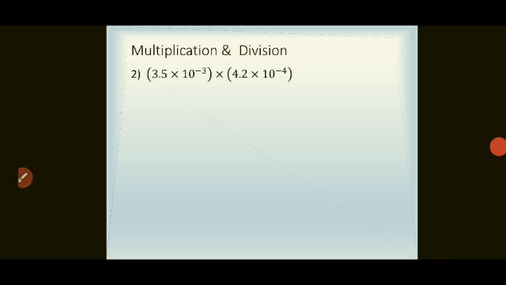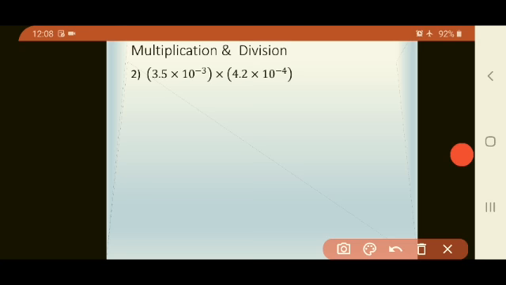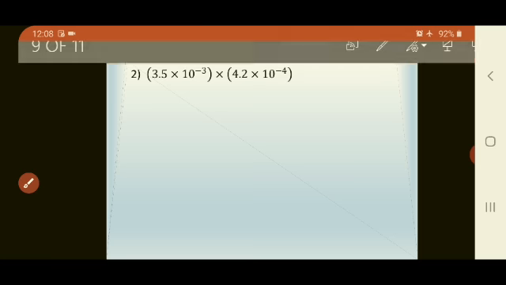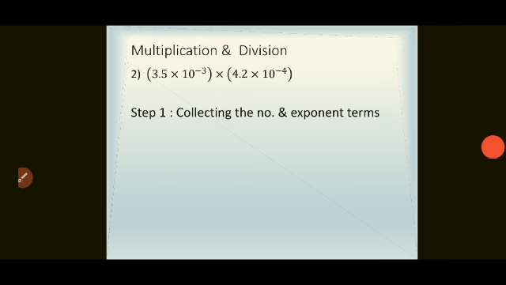Next one, multiplication and division. That is again multiplication, but here the powers are taken as negative. The same steps are followed. Collecting the coefficients together, 10 to the power minus 3 into 10 to the power minus 4.